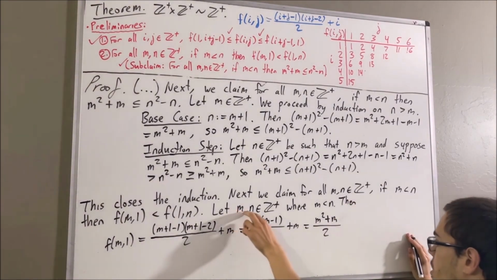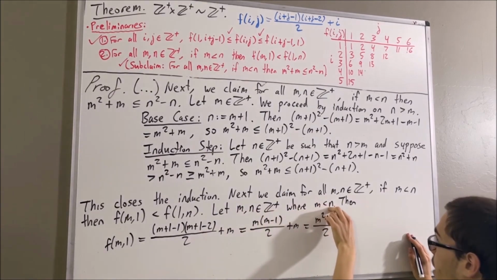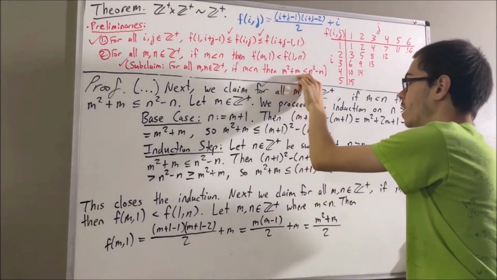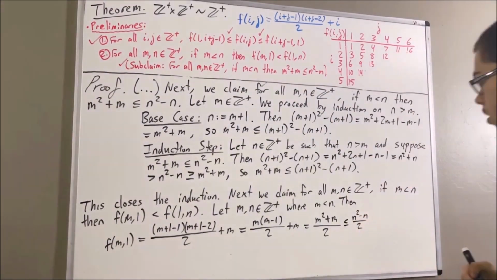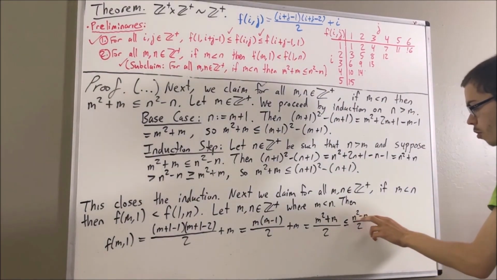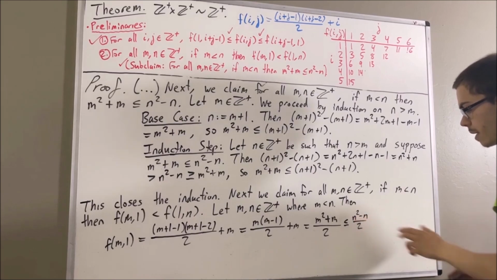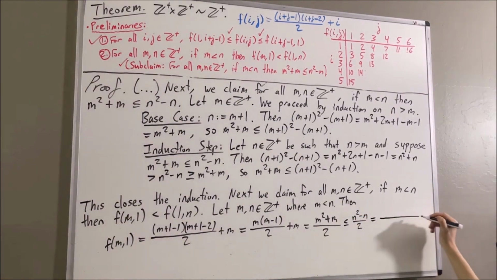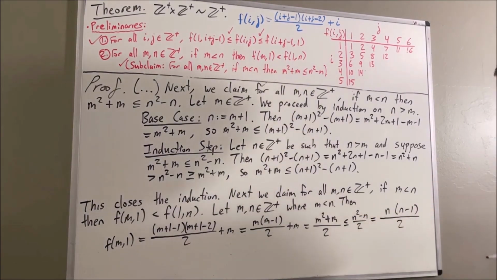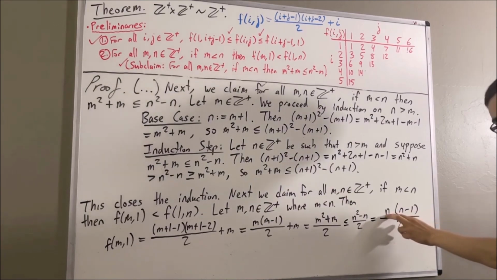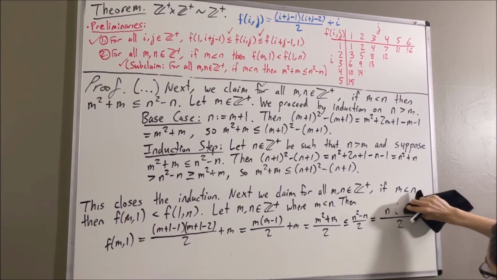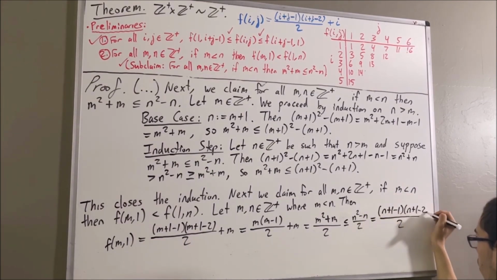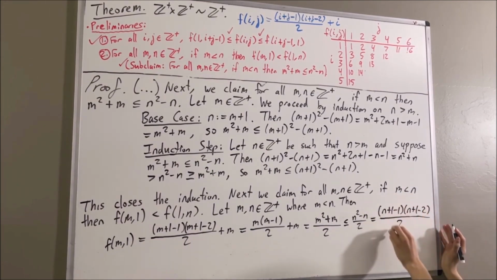But since m and n are positive integers where m is less than n, we have that m squared plus m is less than or equal to n squared minus m. And notice that the numerator is the same thing as n times n minus 1. And notice that the numerator is the same thing as n plus 1 minus 1 times n plus 1 minus 2. And this entire thing is less than itself plus 1.